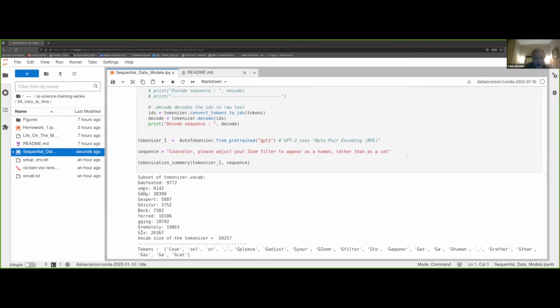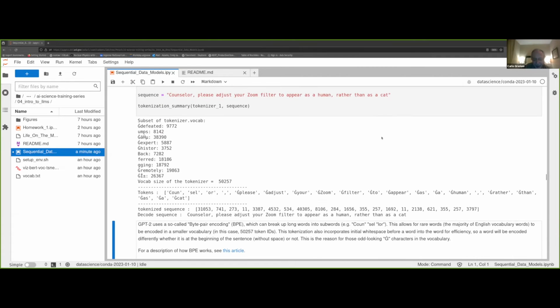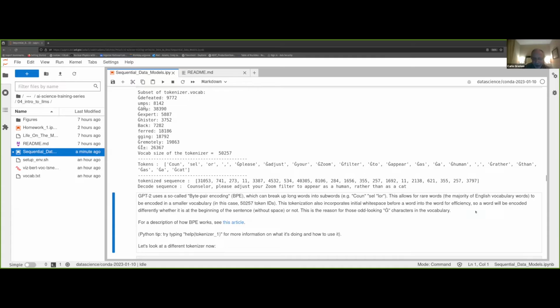Then you run the summary on the tokenizer and this particular sequence, and it gives you examples of the vocabulary. You can see that there's some funny stuff going on. Among other things, there are some whole words and some word fragments. A lot of these words appear to start with a G for some reason that we'll get to in a moment. Then the next line gives you a list of the tokens that it actually found in our phrase.